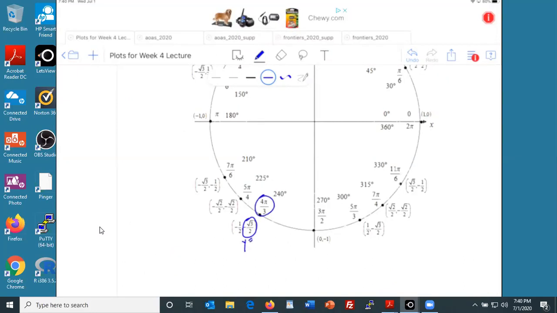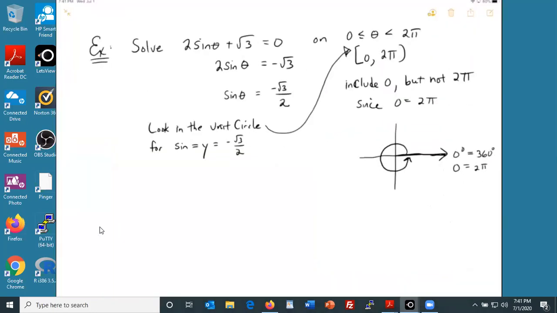So therefore, 4 pi over 3 is one of the solutions. And the other one is very close to it. It's also over here. I know that my y value is negative, so it has to be in the bottom half of this diagram. Also keep that in mind. The y value is negative. It has to be in the lower half of the circle. And what angle is that? 5 pi over 3. So 4 pi over 3 and 5 pi over 3 would be your solutions.